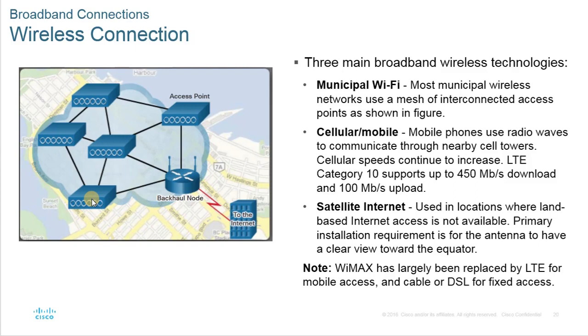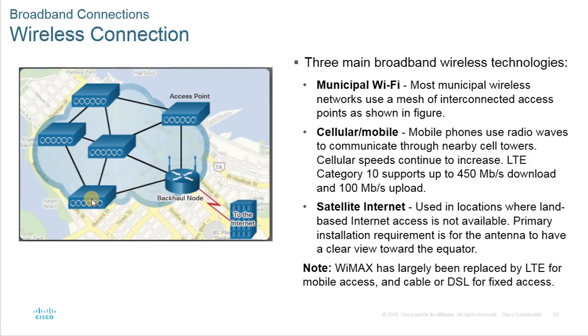Then we have the cellular or mobile. This type of connection is mostly used by mobile phones that use radio waves to communicate through nearby cell towers or cell sites. The cellular speeds continue to increase.